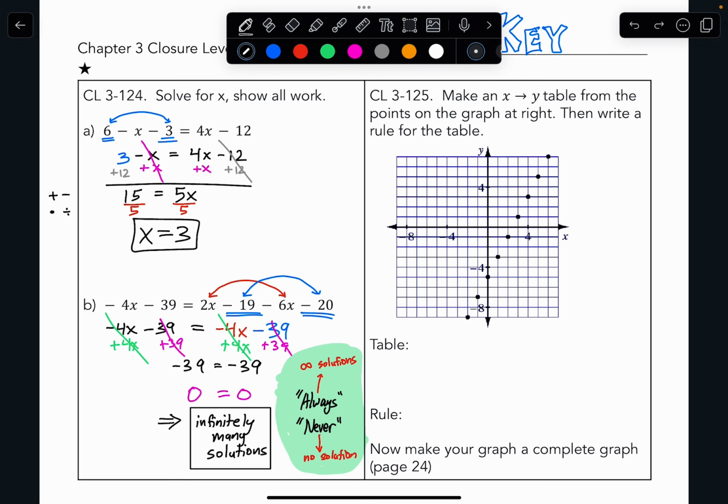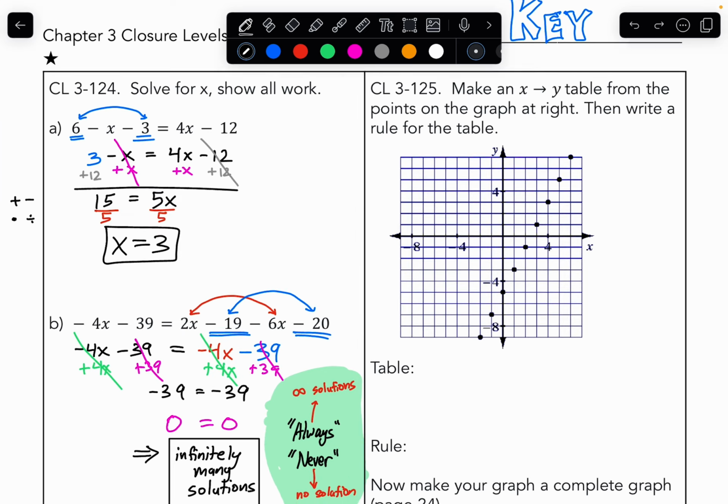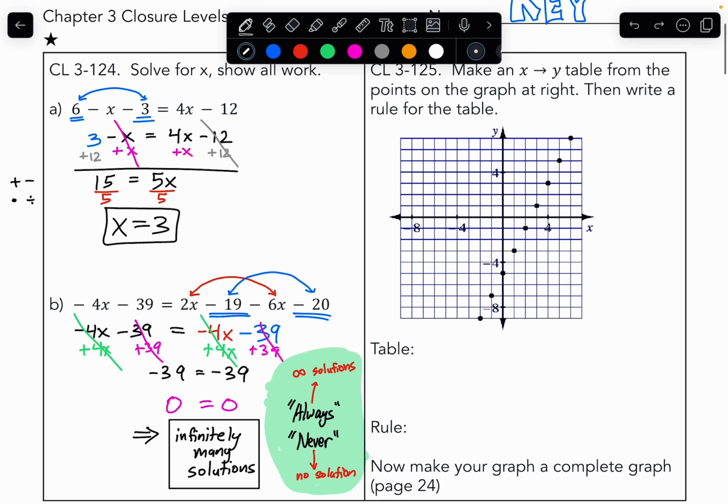All right, problem number 125 says to create an XY table from the points on the graph at right or below here, then write a rule for the table. So the first thing I do want to note is that it is a straight line.